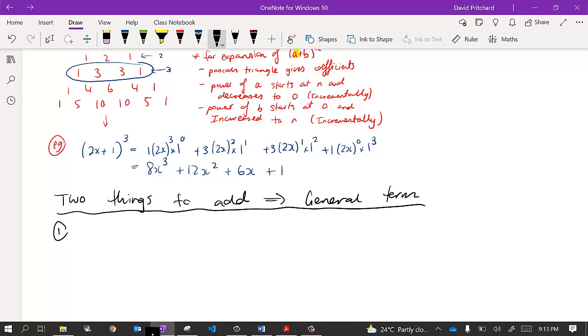So we need a way to find the coefficients, and that'll be a nice easy calculation that we'll look at in a second. And the second thing we need to do is then we need a standard rule for working out what the powers of each of the a and b components are.